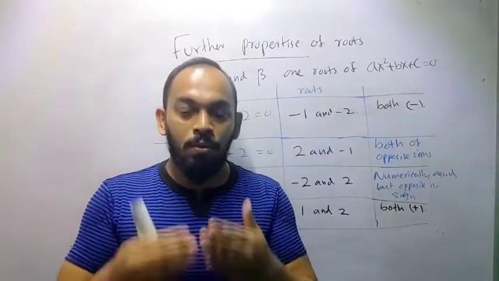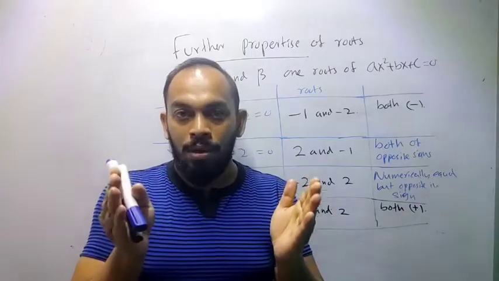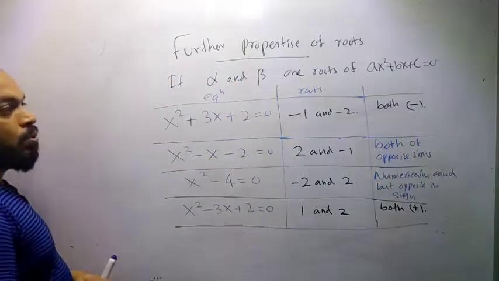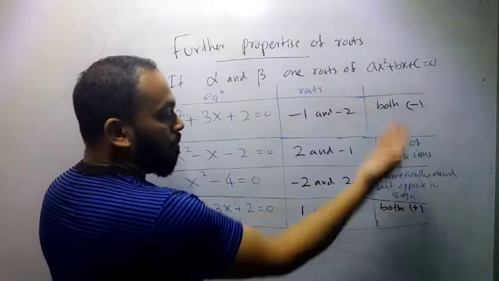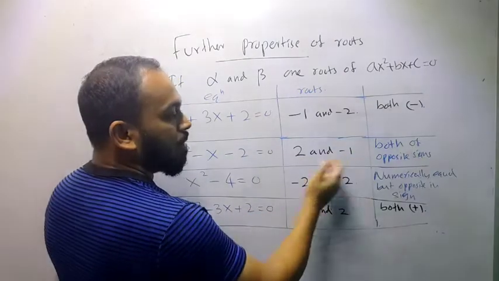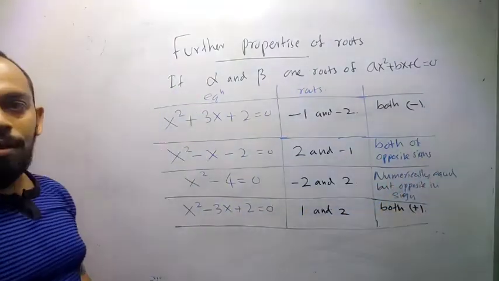So we're going to check what relationship this bears with the coefficients of the quadratic equation, so that we can determine whether our roots would be both negative, both positive, of opposite signs, or numerically equal but opposite in sign.